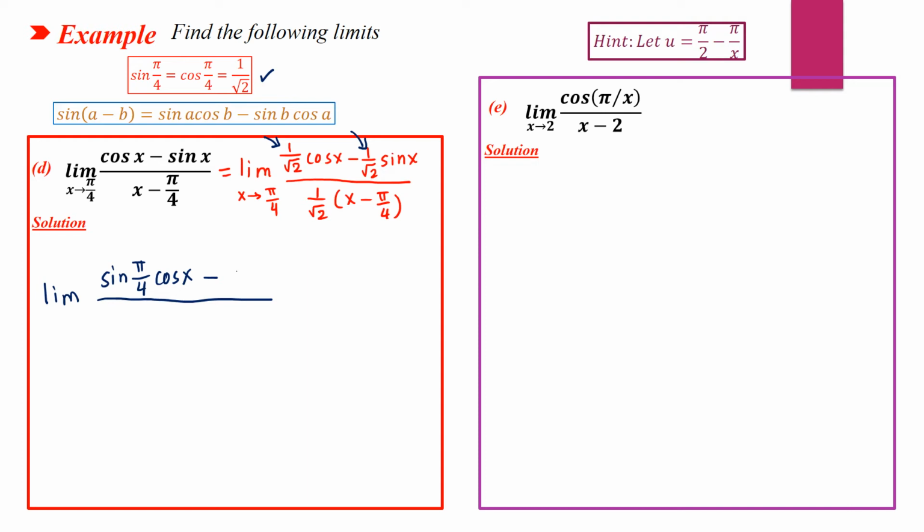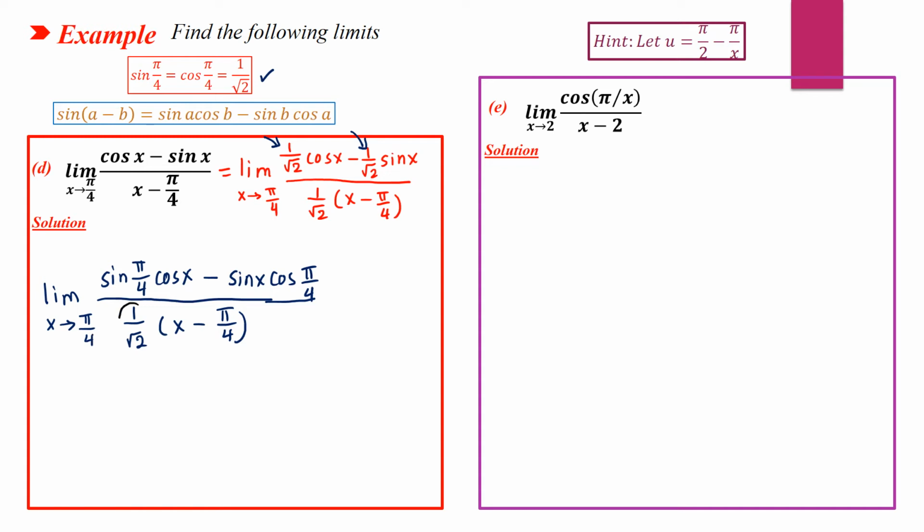So we have sine x cosine pi over 4, divided by 1 over radical 2 multiplied by x minus pi over 4, when x goes to pi over 4.